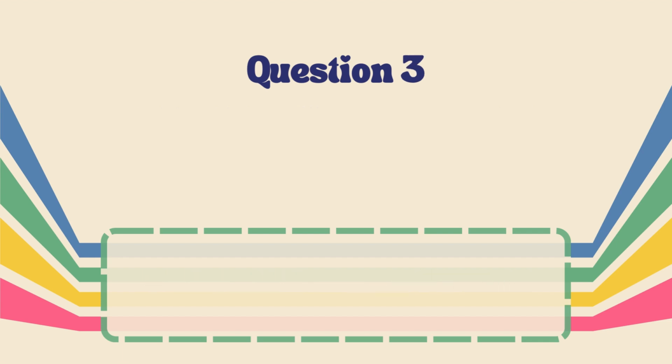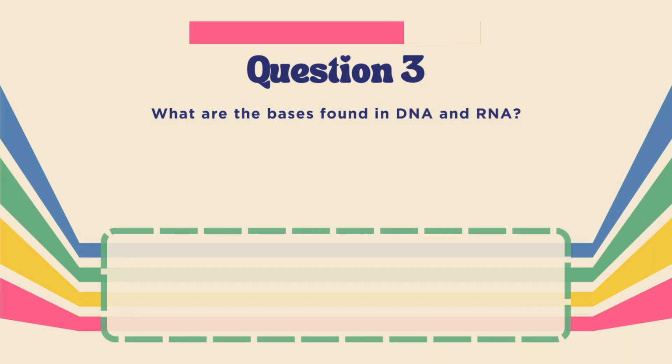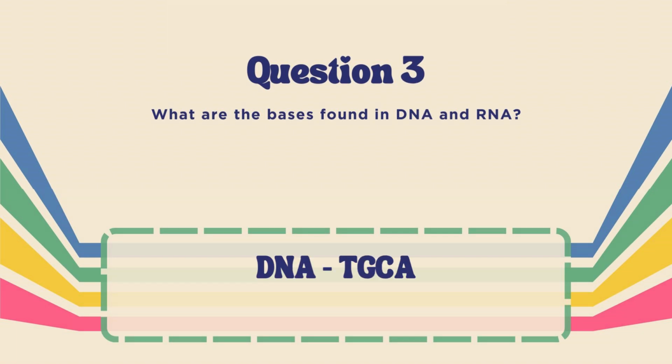How about, what are the bases found in DNA and RNA? Correct! In DNA, we find TGCA, whereas in RNA, it's UGCA.